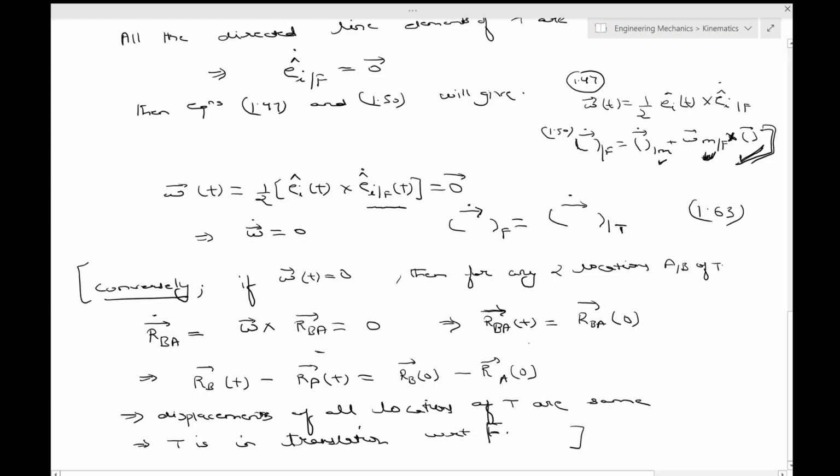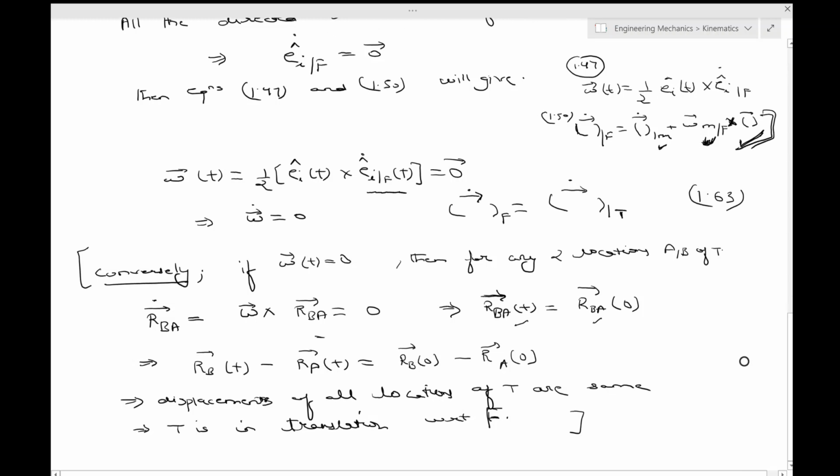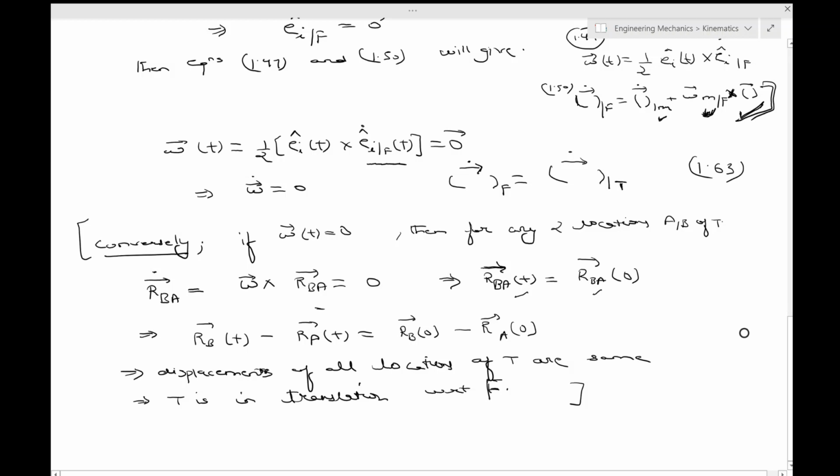And then you will say that RBA at time t will be equal to RBA at 0. After that you can just break down these two terms into the respective position vectors at given time t and initial time 0, and this would mean that the displacements of all locations of t are the same.